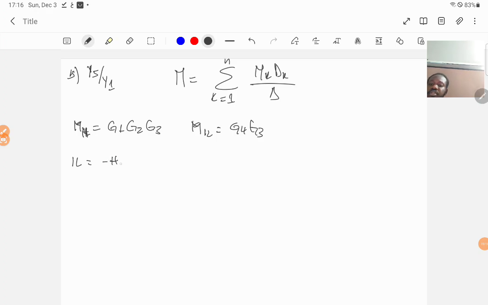Delta will be 1 minus h1 minus g3 h1 minus g1 g2 g3 h3 and minus g4 g3 h3.